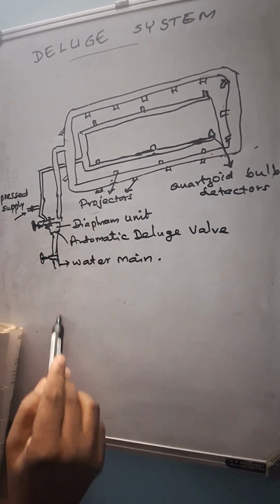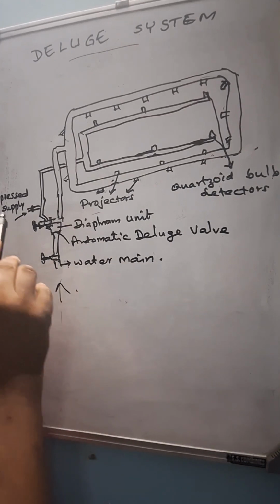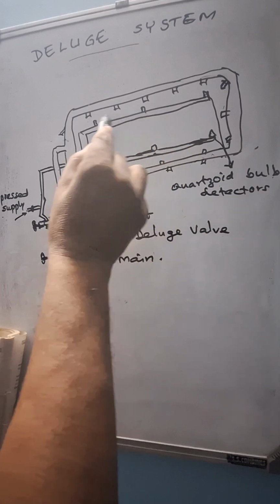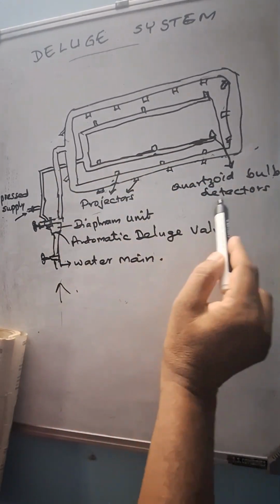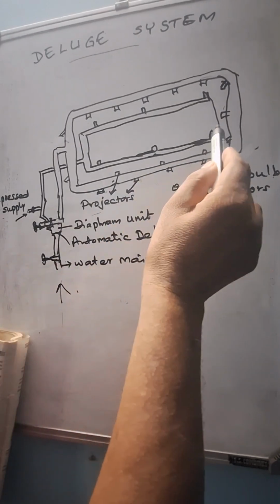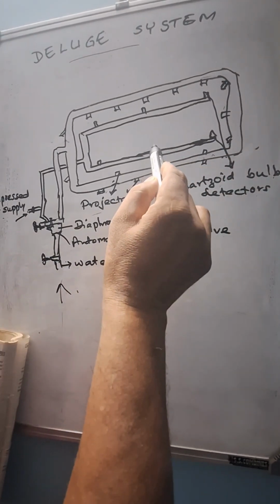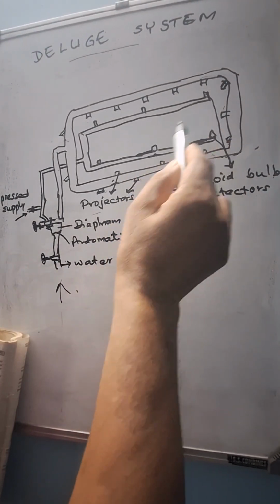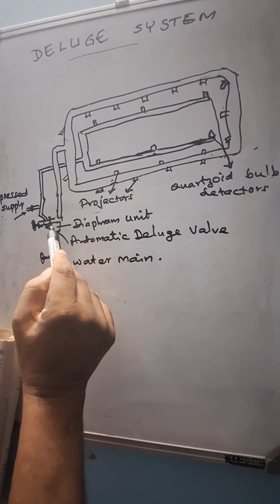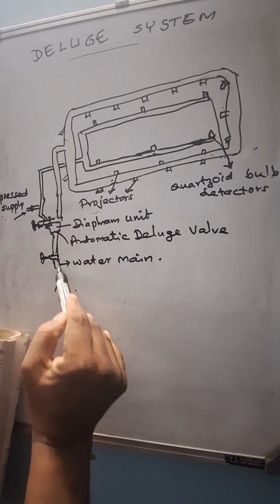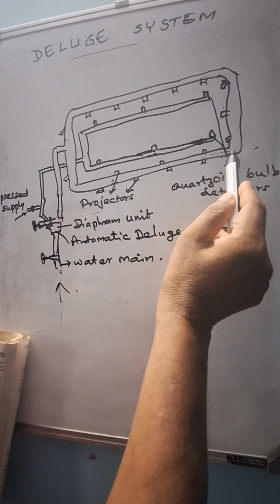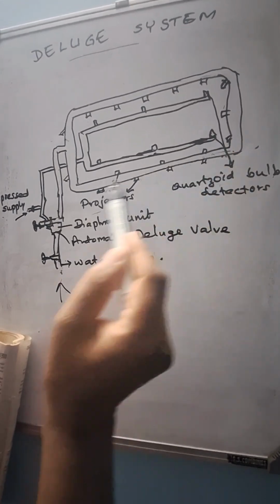Then the water main: water comes from this side, and there is a compressed air supply being supplied to the bulb detectors. It will be filled with compressed air, and when it operates, the pressure in the pipeline will get reduced, and with the differential pressure at this diaphragm unit, the water in this pipeline will be pushed through, and it will come to this pipeline, and it will fall from the projector.